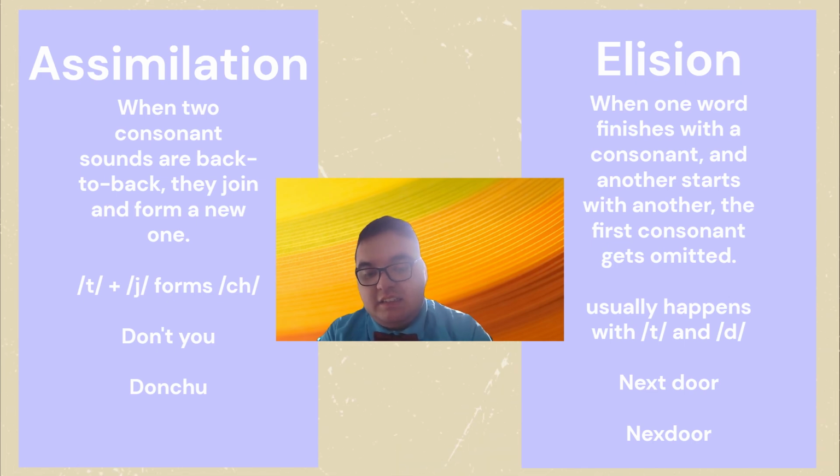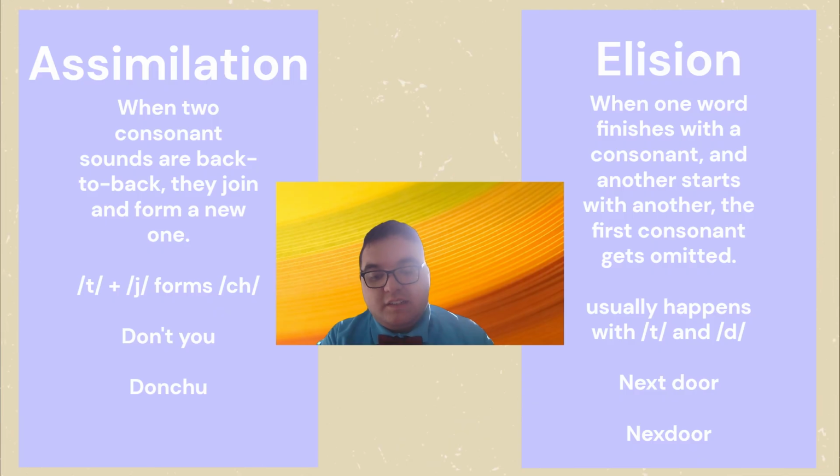And another thing is elision. We have two consonants back to back, usually T and D. The first one gets deleted and is overtaken by the second one. In this case, instead of saying next door, you say nex door, as if the T wasn't there.